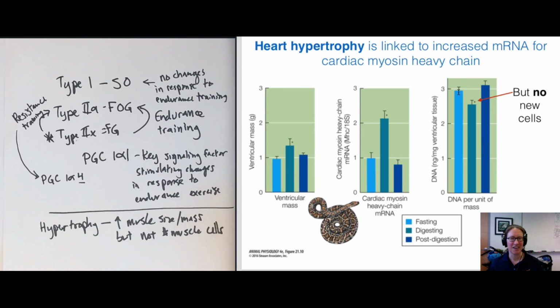Right, and that indicates that there's no production of new cells associated with this increase in cardiac muscle mass. So again, that just reemphasizes the point that when we see changes in muscle characteristics, those are primarily just changes within muscle cells, not changes in muscle cell proliferation.